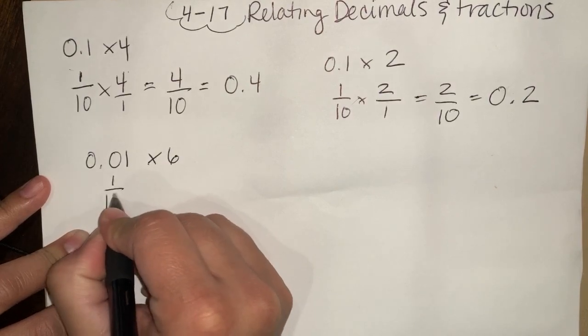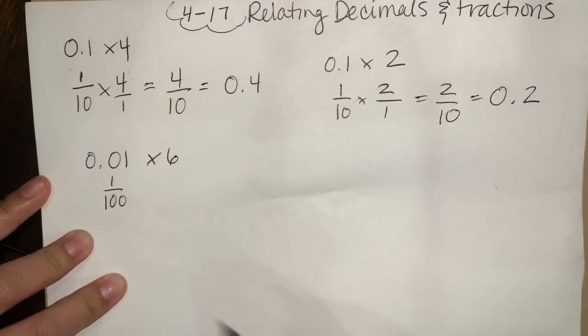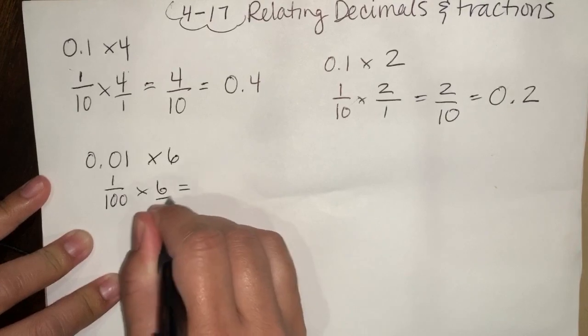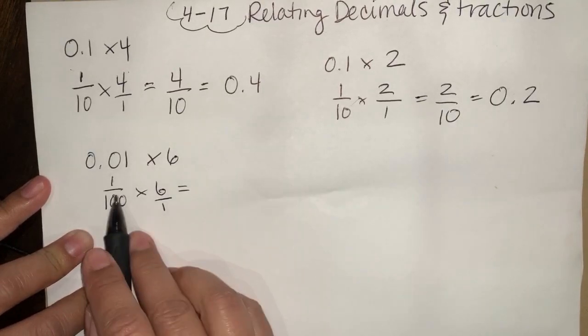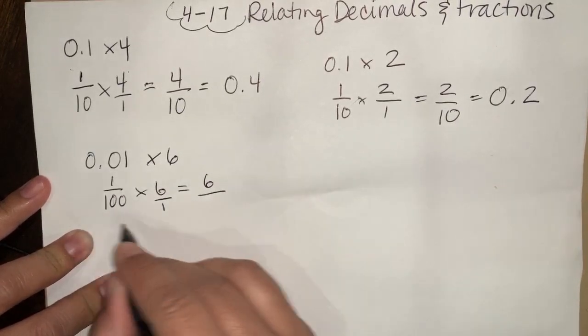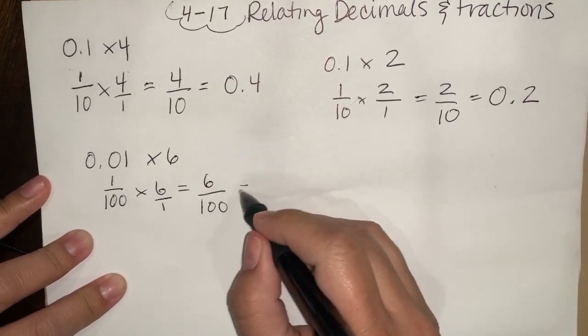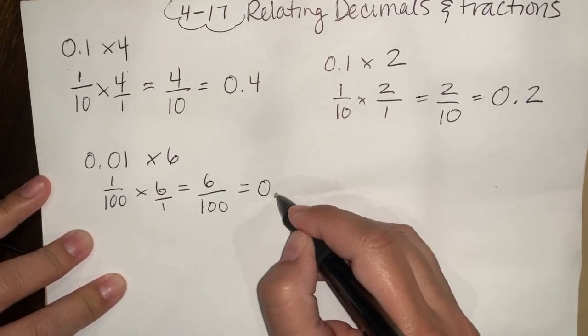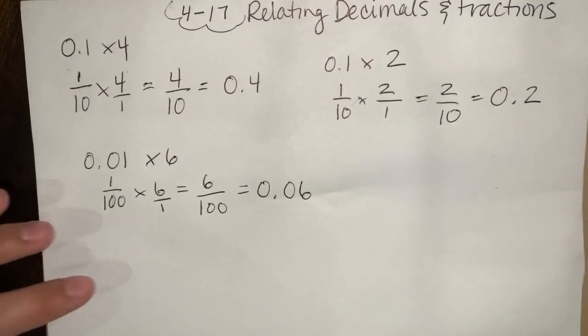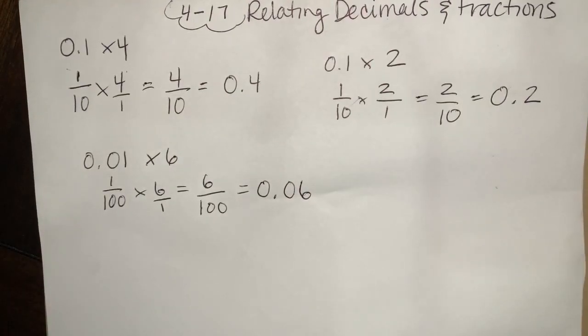So you would write that as 1/100th times 6 over 1, multiply straight across. 1 times 6 is 6. 100 times 1 is 100. So we read this as 6/100ths, and then you're going to go ahead and write that as a decimal.